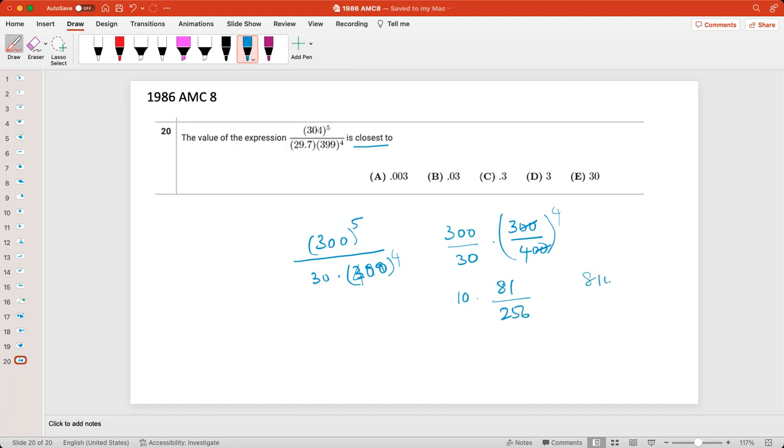So this is 810 by 256. Approximately this is equal, so it's not direct equal to 3, right? So my answer option is D, 3.